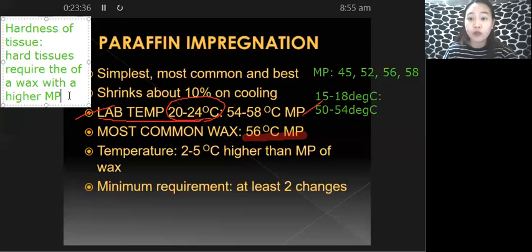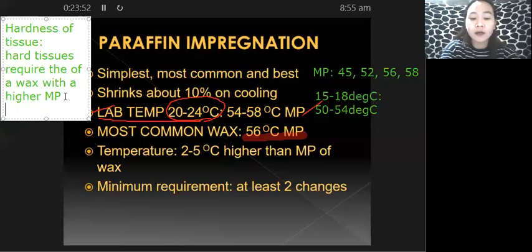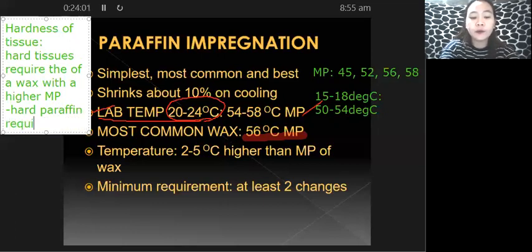So that's why we should make use of waxes with higher melting points. In relation to sectioning, the harder the paraffin, or hard paraffin, requires the use of heavy duty microtomes.